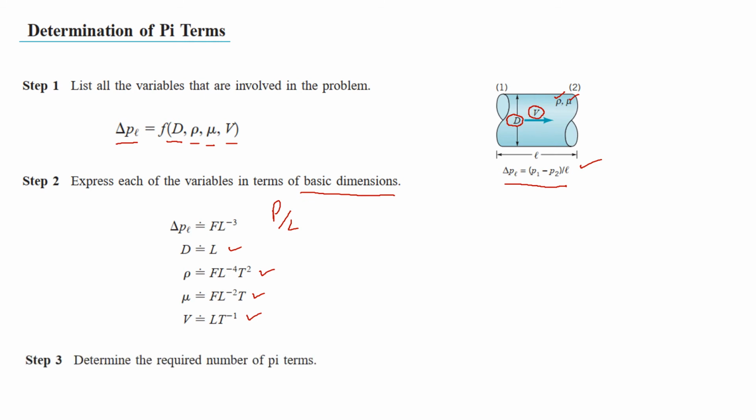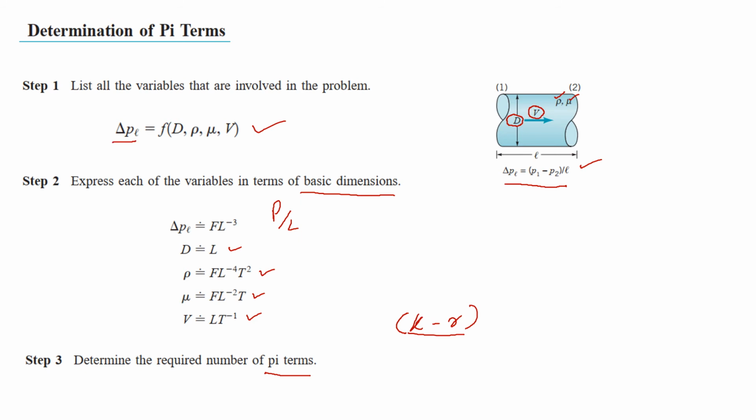In step 3, we are going to determine the required number of pi terms, and we do that using the Buckingham Pi theorem, which is K minus R, which gives us the number of pi terms that are required. As you know, K is the number of variables involved in this problem, and the number of variables is 5, including both the dependent and the independent variables.